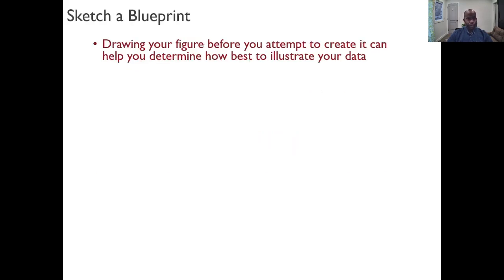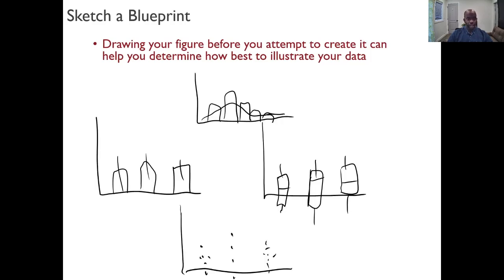I mentioned earlier that you would ideally sketch a blueprint before you start creating your figures. And this can really help you work through different options. So as an example, here are 4 different ways that you could think about sketching some data. Maybe I have data from 3 groups. I can think about just showing a histogram that has the values for everyone. Maybe that's not ideal. I could try an error bar plot.